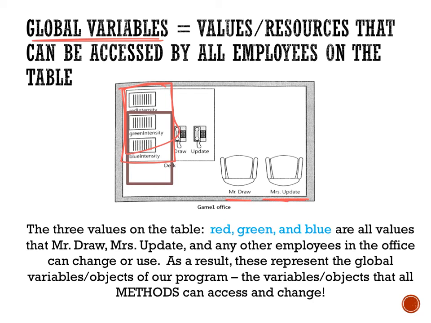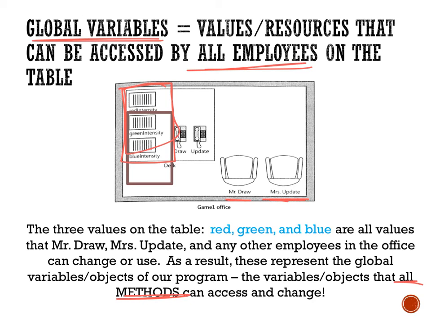They can be accessed by all methods. If they can be accessed by all methods in a class, they are global variables. If they're out open on the table, if everyone in the class can see them, everyone in the class can change them, everyone in the class can use them. If everyone in the office can use them, if they are open on an open table, they are your global variables or your global objects that can be accessed by all employees.